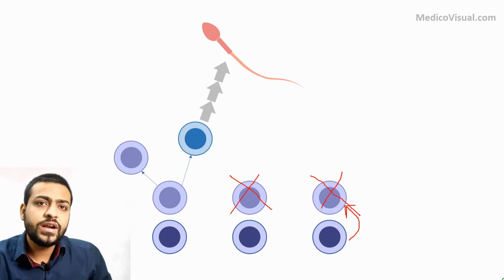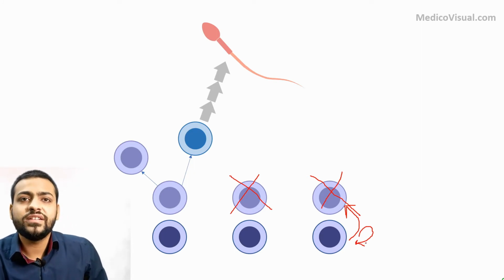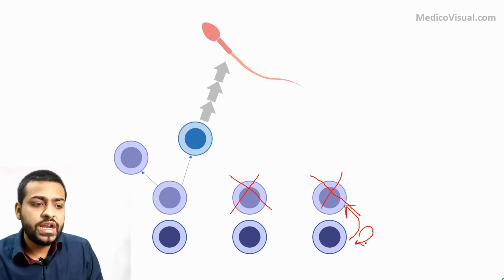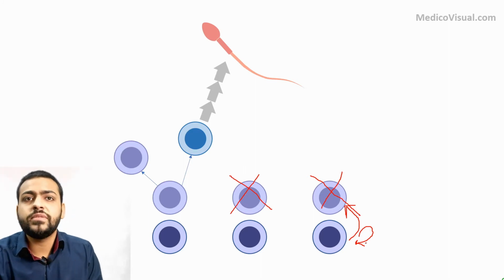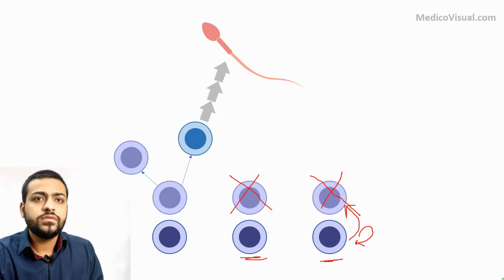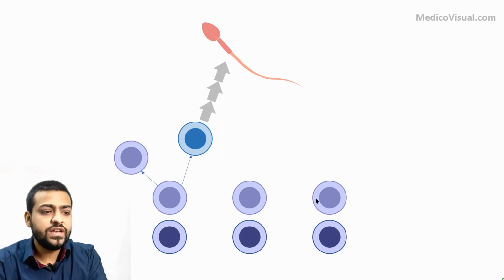They will form one Spermatogonia A Pale and one Spermatogonia A Dark to maintain their own population as well, right? So look at the beauty of nature, that it has provided a reserve mechanism as well. If these cells are lost, these dark ones can divide to restore the population, right? So this is the difference between Spermatogonia A Pale and Dark.